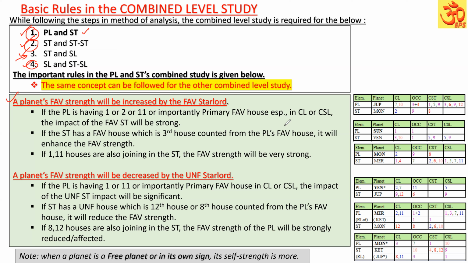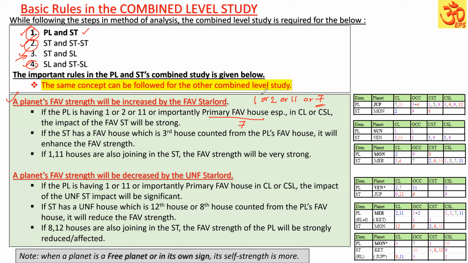For example, we are discussing a planet for the event marriage. The primary favorable house for marriage is the 7th house. If a planet in its self-signification has Lagna or 2nd house or 11th house or 7th house, that is the primary house. There can be other favorable houses also.